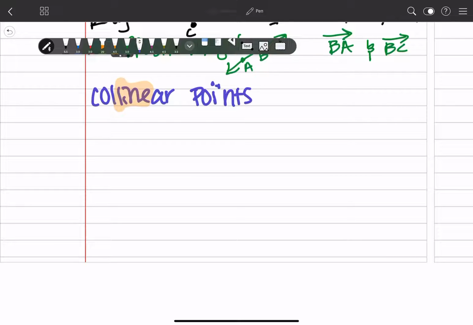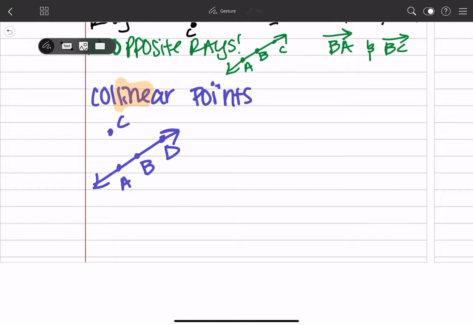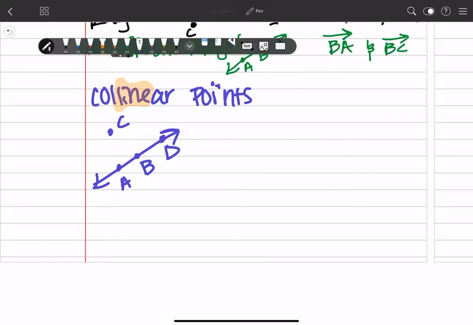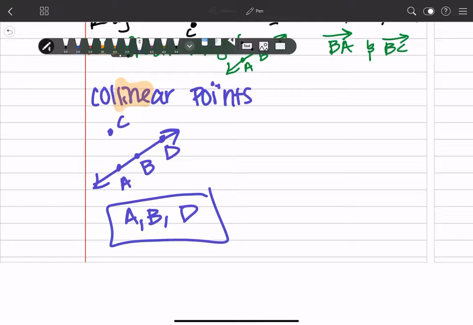So collinear points, for example, say I have this. Your collinear points would be A, B, and D. Not A, B, and C, because C's kind of out here. It's not even on the line. So, unfortunately, we don't care for this one. So, A, B, and D.